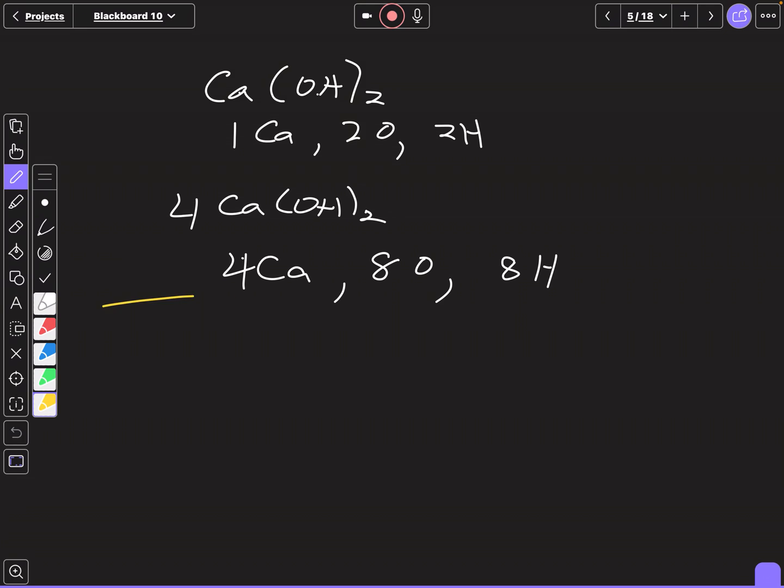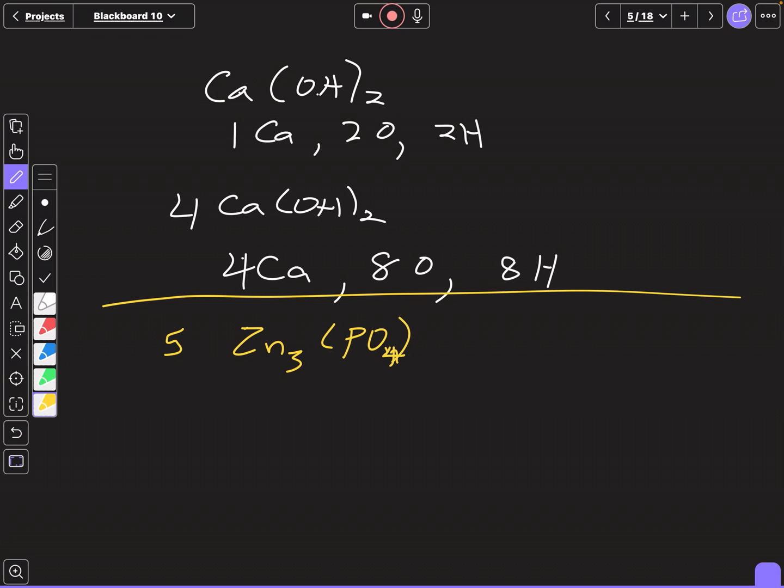And let's look at one more. If I have 5 Zn3(PO4)2, with the 2 on the outside of the parentheses.